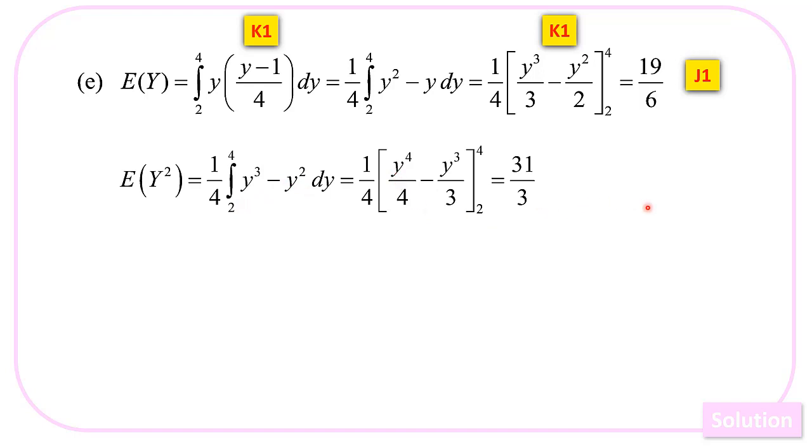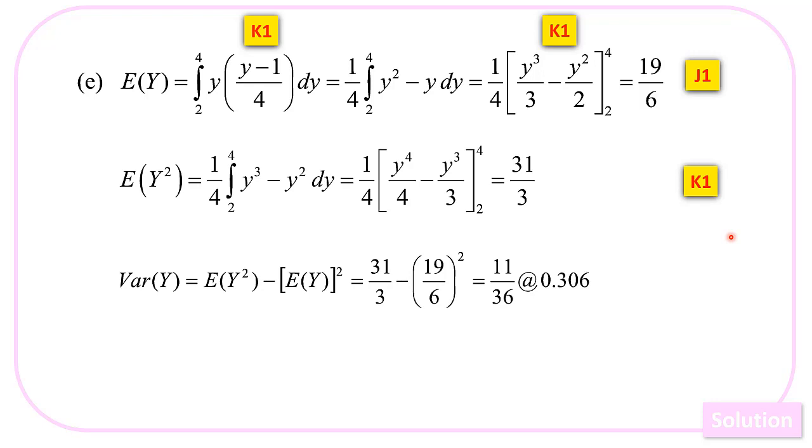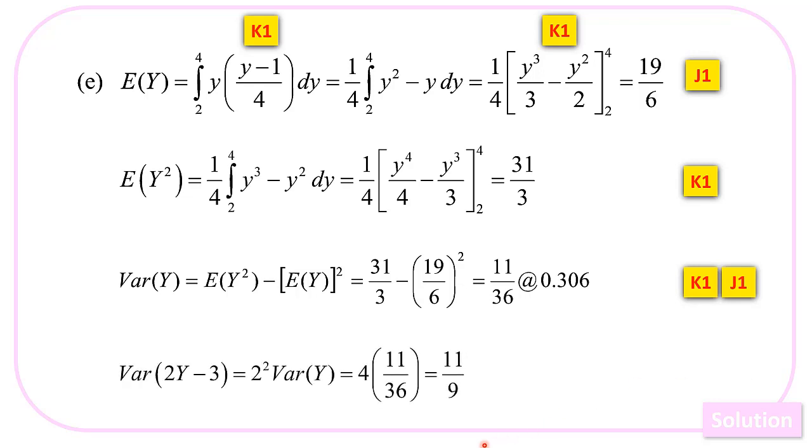Integrate and find the value. So that is K1. Substitute into the formula of variance. So that is K1 G1. And then lastly, we want to find the variance of 2y minus 3. By using the properties, it is equal to 2 squared times the variance of y. So the answer is 11/9. So that is K1 G1.